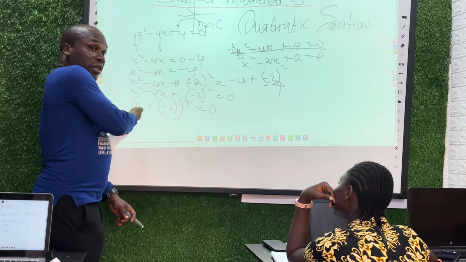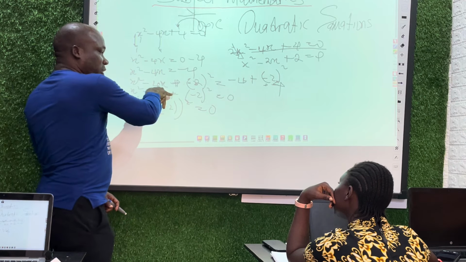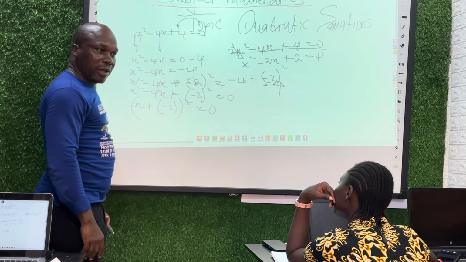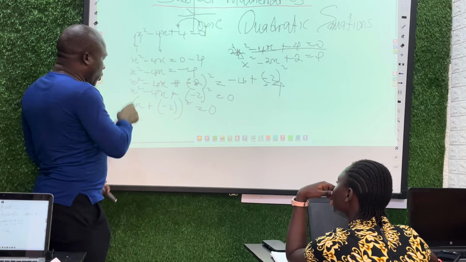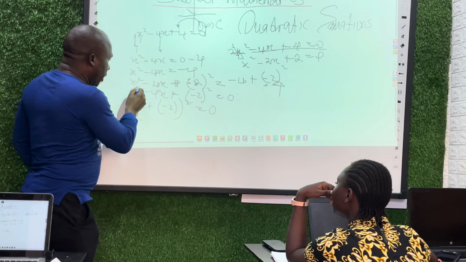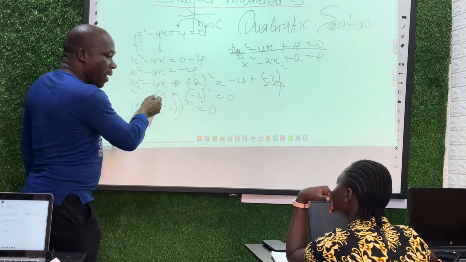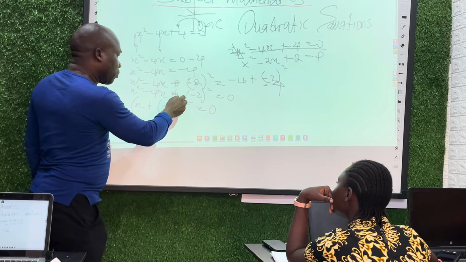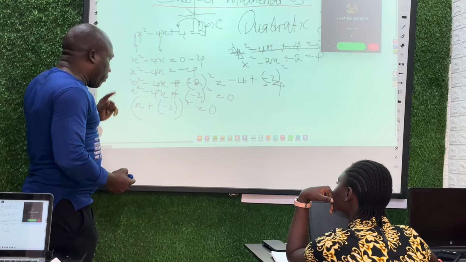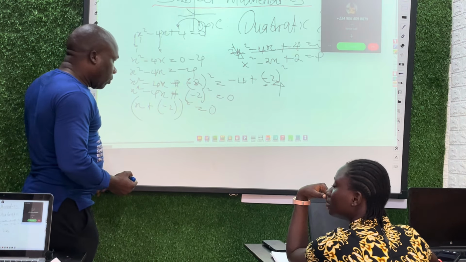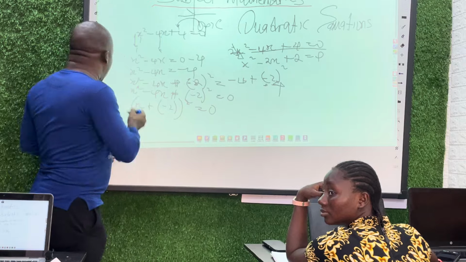If you go back to this, you will come back to this equation. We are going to verify that, okay? What did I say? If you have a similar equation, you have x squared minus 4x plus this. So I said take one of this, because that carries a square.